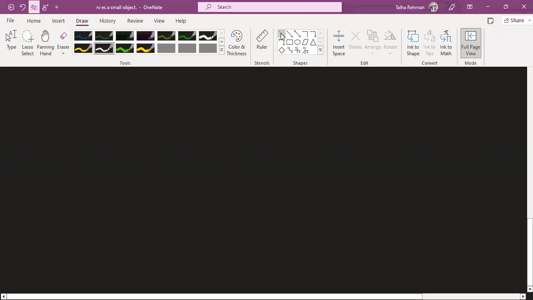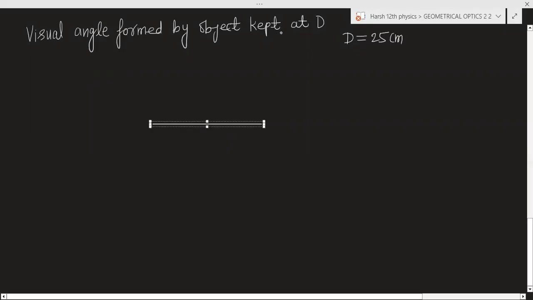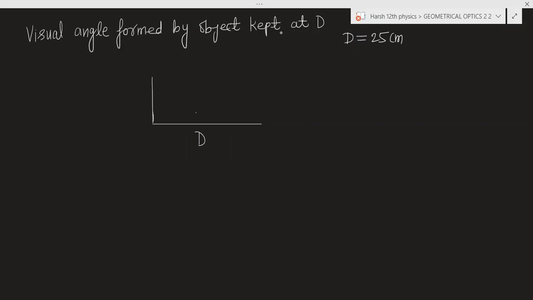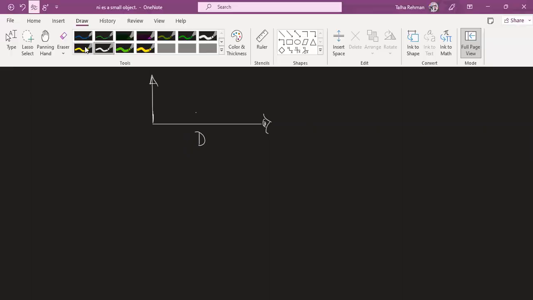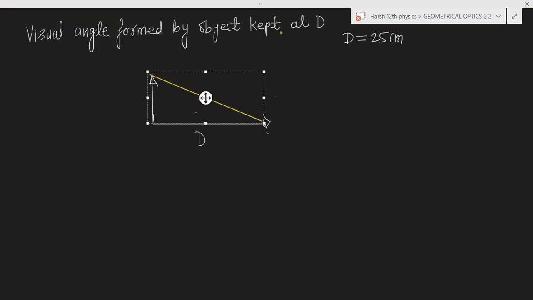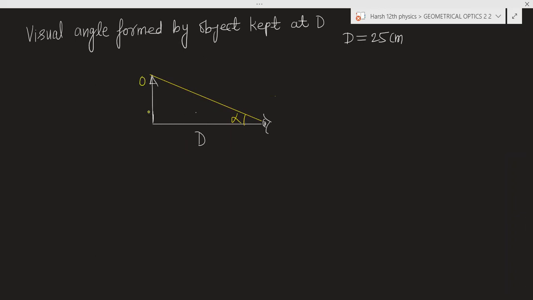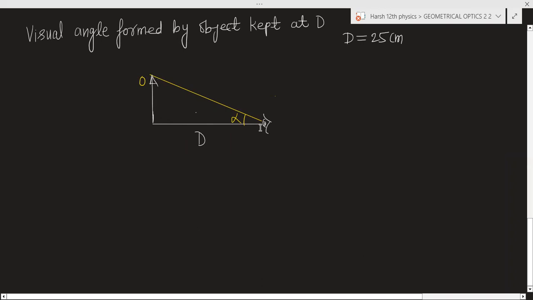So if you are placing the object at a distance of D, and this is the object and this is the eye here, then at the eye this object is subtending an angle of, suppose, alpha. So this alpha is known as the visual angle formed by the object kept at D. So this is your object and this object is placed at a distance of D from your eye.